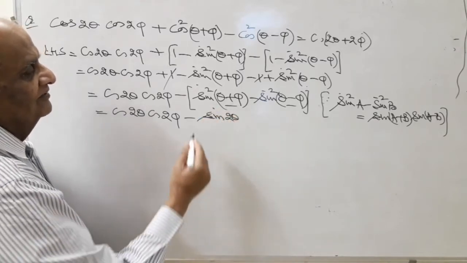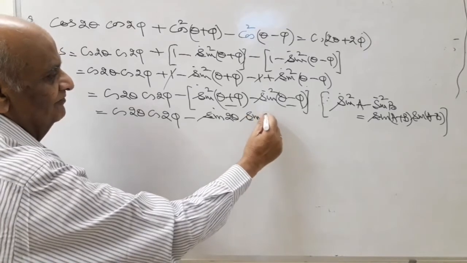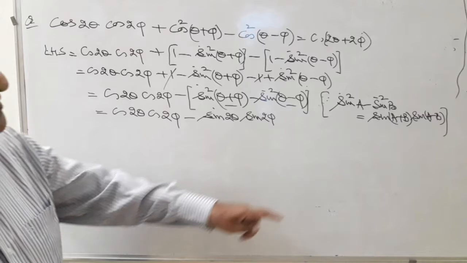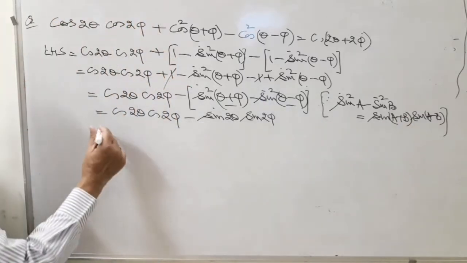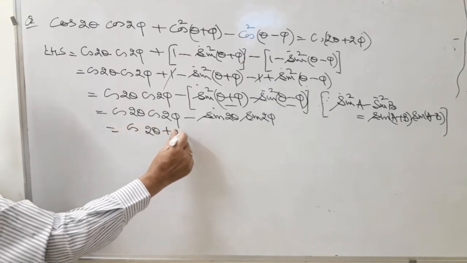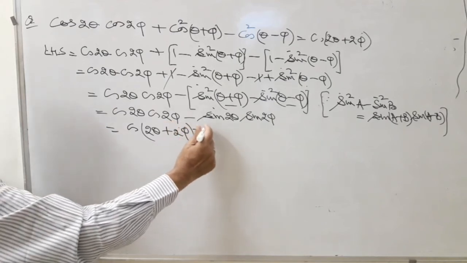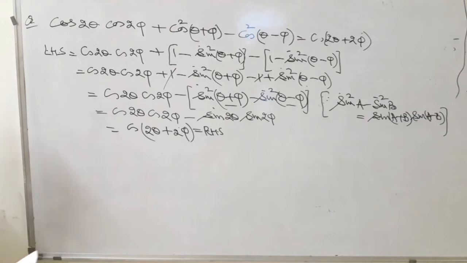Then you have sin of 2 phi. Therefore, apply the formula sin(A plus B) sin(A minus B). So this is a standard result, cos of (2 theta plus 2 phi). A very important question, that is the right hand side given to us. We have to show this.